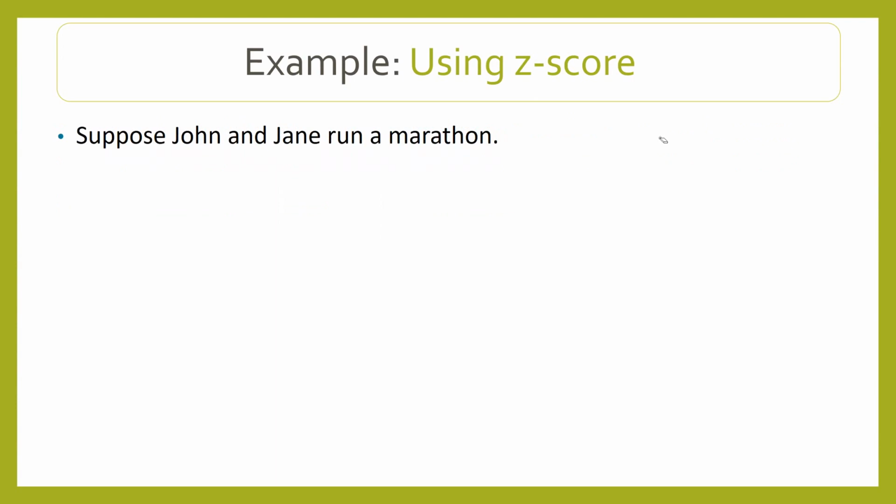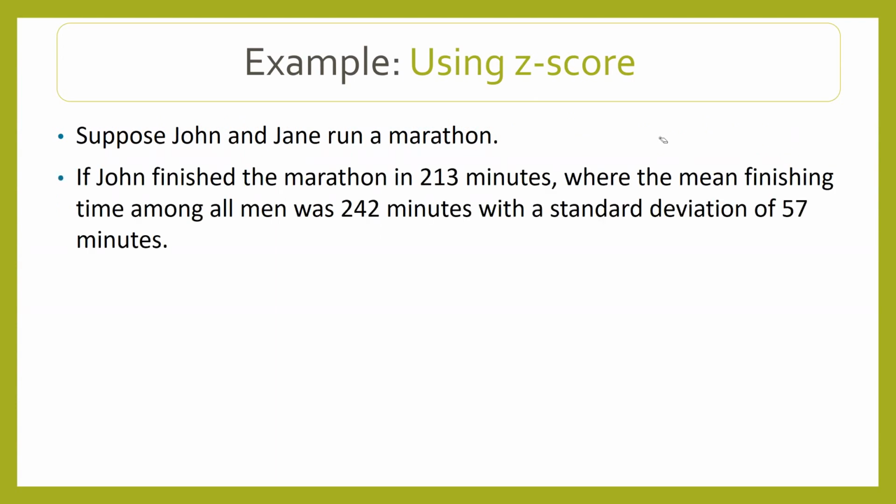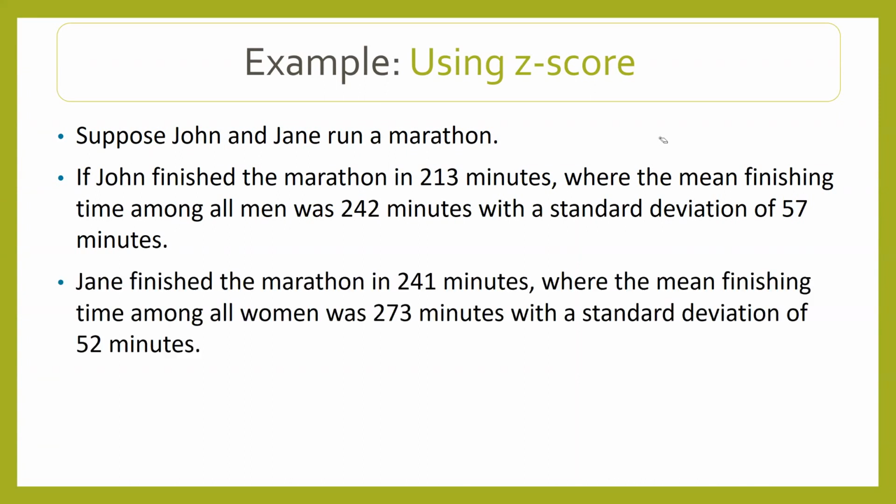Further example, suppose John and Jane run a marathon. John finished the marathon in 2:13 minutes, where the mean finishing time among all men was 2:42 minutes, with a standard deviation of 57 minutes. So John ran just 2:13 minutes.